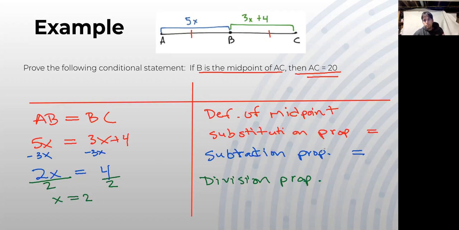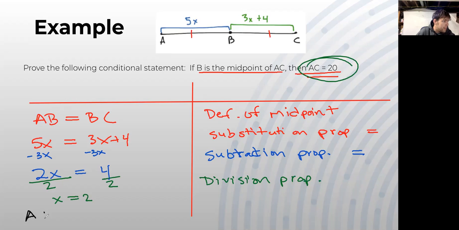Now, again, got to do a little bit of extra work here because our goal, remember, is to show that AC is equal to 20. So we need to do a little bit more here. We need to figure out an expression or something that could represent AC. So what I'm going to do is write an equation using the segment addition postulate.